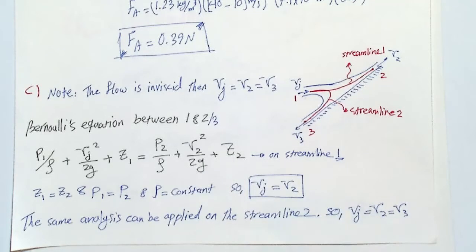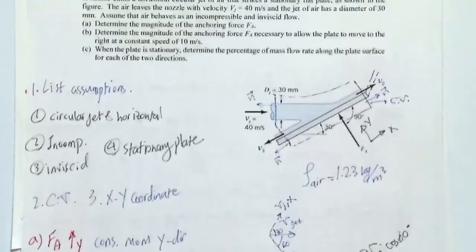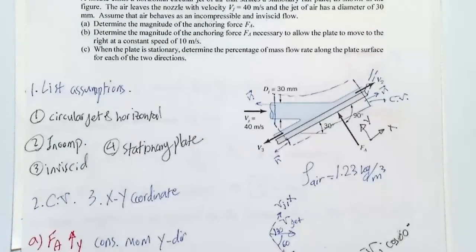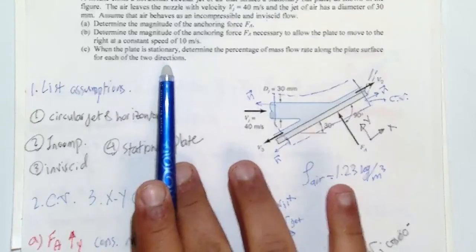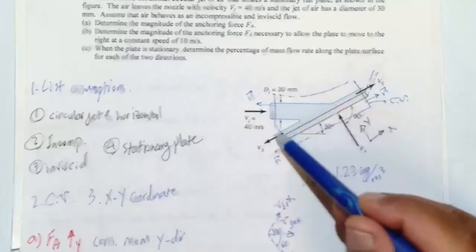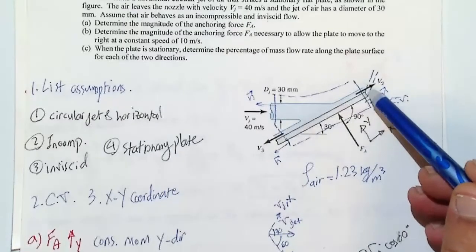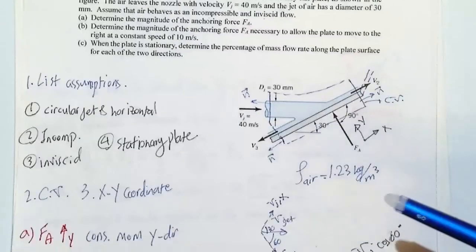Right? So here, again, come back here. What it asks you to do is find the mass flow rate difference percentage that passes over V2 and V3.